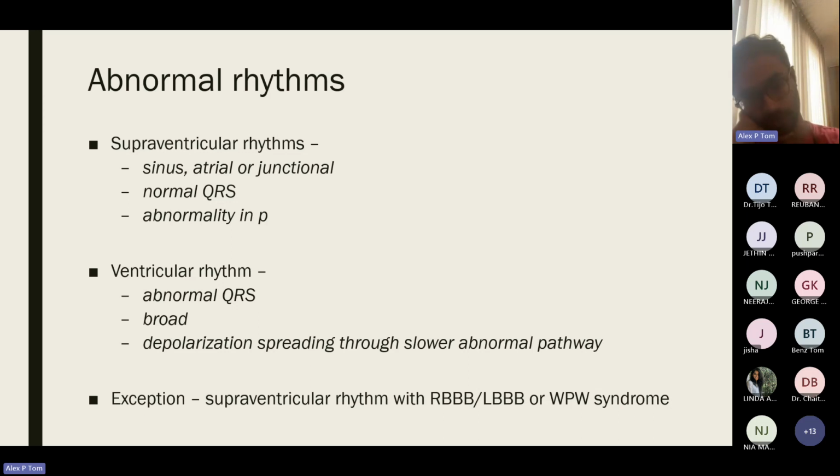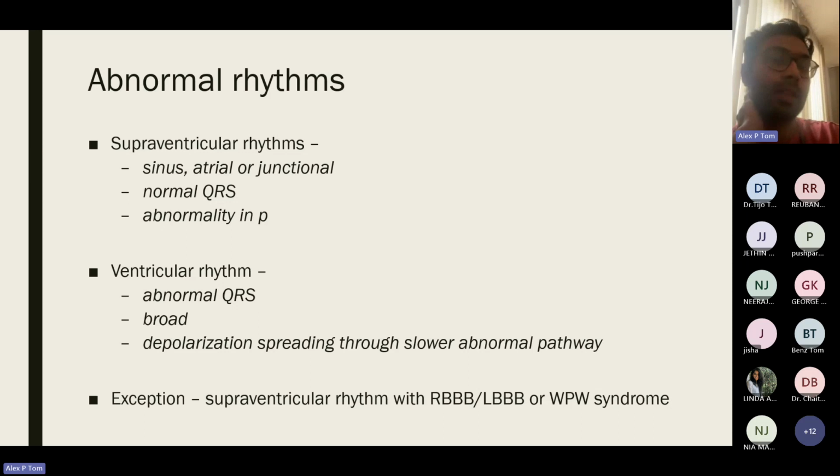That is mainly because when depolarization is not happening through the specialized conduction tissues but instead through the myocytes, the conduction speed is very slow, and hence you will see these QRS complexes becoming big. That's all it is. Okay, so we will be dealing with all these things.